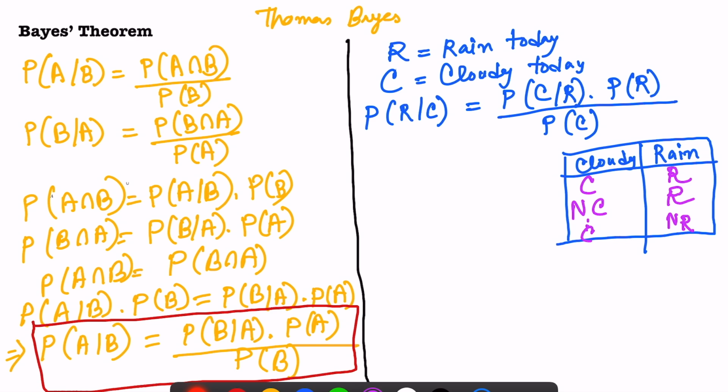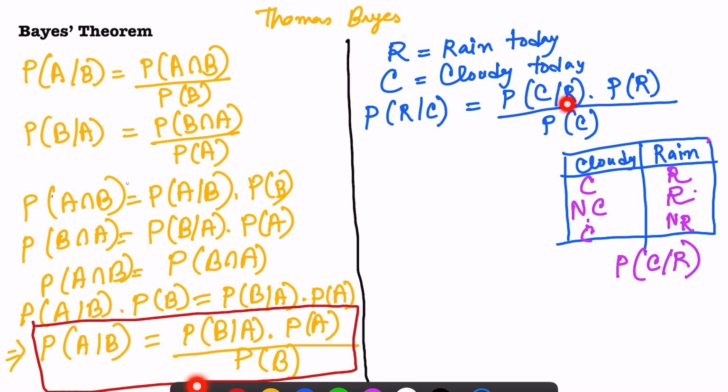So if we have this kind of data, it's easy to calculate the probability of cloudy given rain, right? We know how many days it rained, and for those days we can calculate the probability that the day was cloudy. So we can calculate this probability from this kind of data set. This is some evidence we are collecting, and that evidence we can use in this formula.